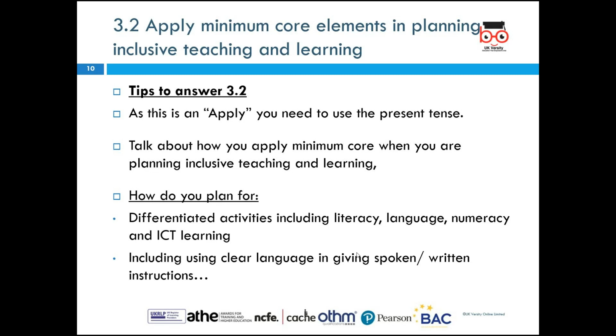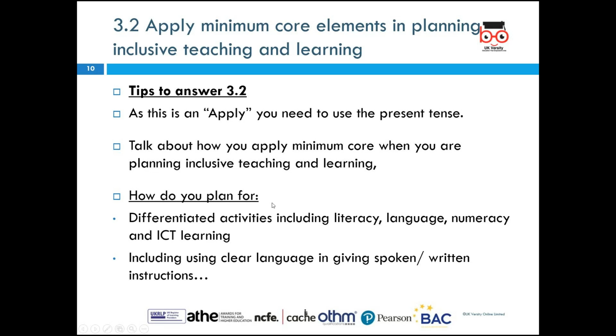So for here, because this is an apply, you need to use the present tense. This will also be one of the points that is going to be covered when you're doing your observations, like we said. So talk about what minimum core is when you're planning inclusive teaching and learning. You've already talked about minimum core in 3.1, so you can refer back to there.